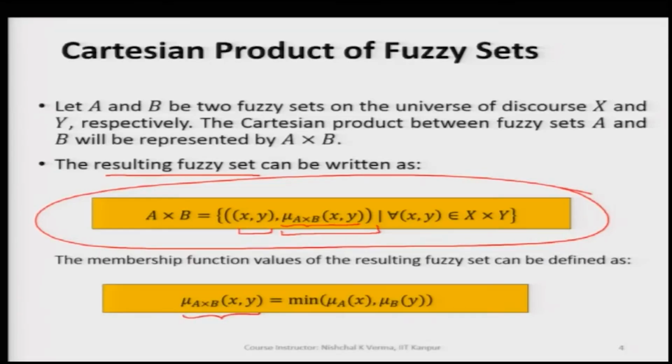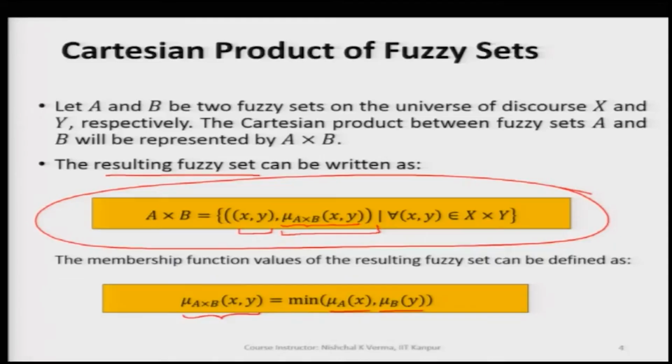It is very important to note that mu A cross B of (x, y) is computed by taking the min of mu A of x and mu B of y.